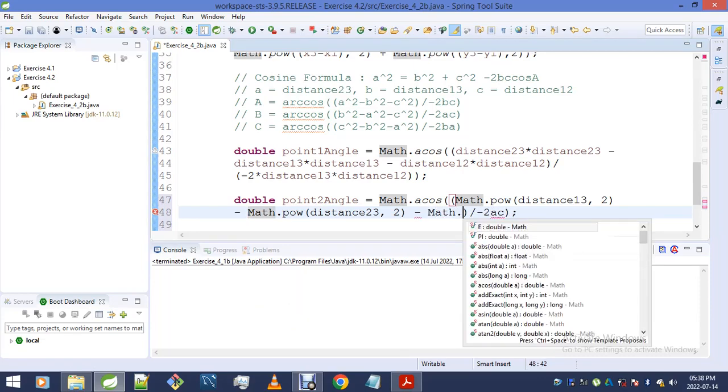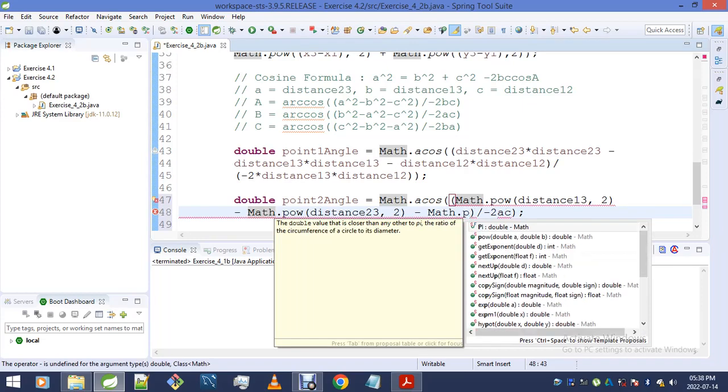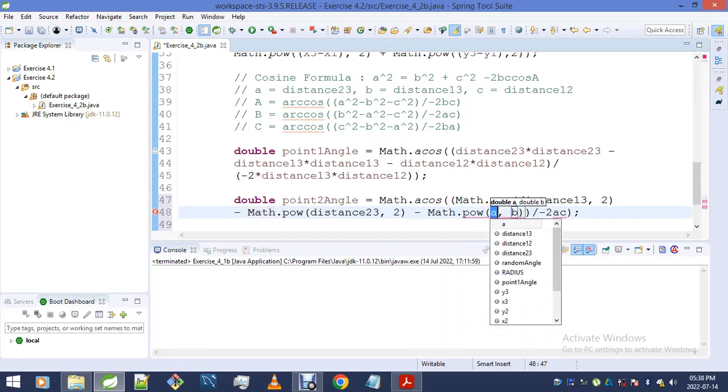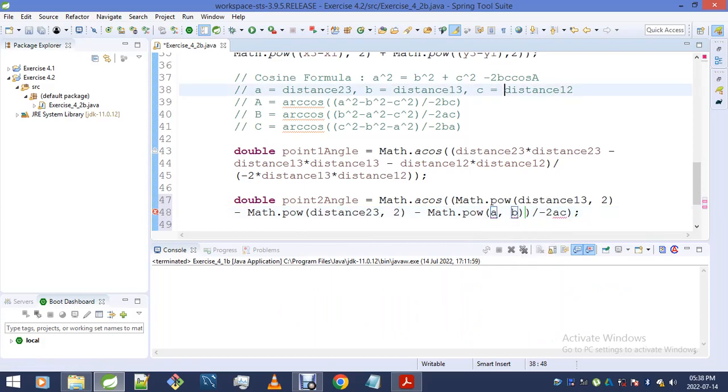Now, as for c squared, what is my c? C is the distance between the first and the second point. So I'll do that, then put a 2.